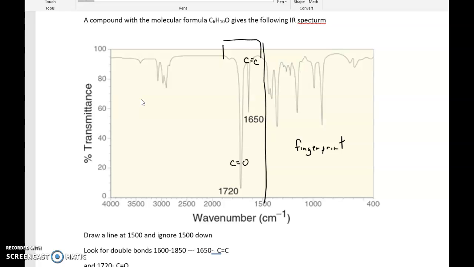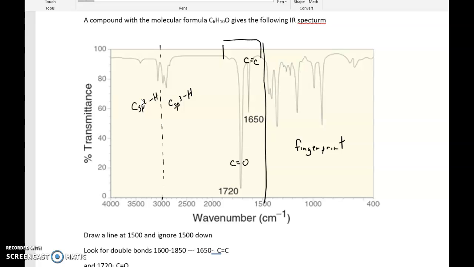Next thing we want to do is, as best we can, draw a line at the 3000. We know that anything to the right of the 3000 is an sp3 hybridized carbon attached to a hydrogen, but on the left side will be an sp2 hybridized carbon attached to a hydrogen.